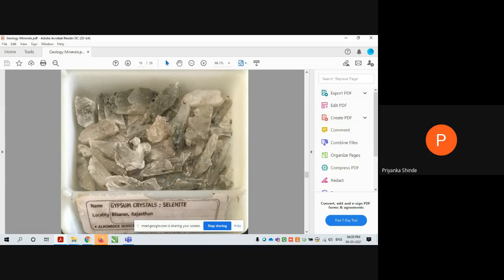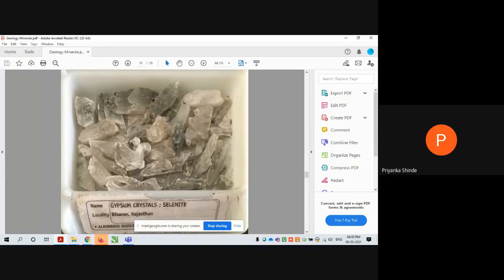So gypsum hardness is 2, so obviously it will have cleavages. It has one set of cleavage. You can see it is breaking flat in one direction. If you observe carefully, it breaks in one particular direction, so it has basal cleavage, or one set of cleavage, you can write.